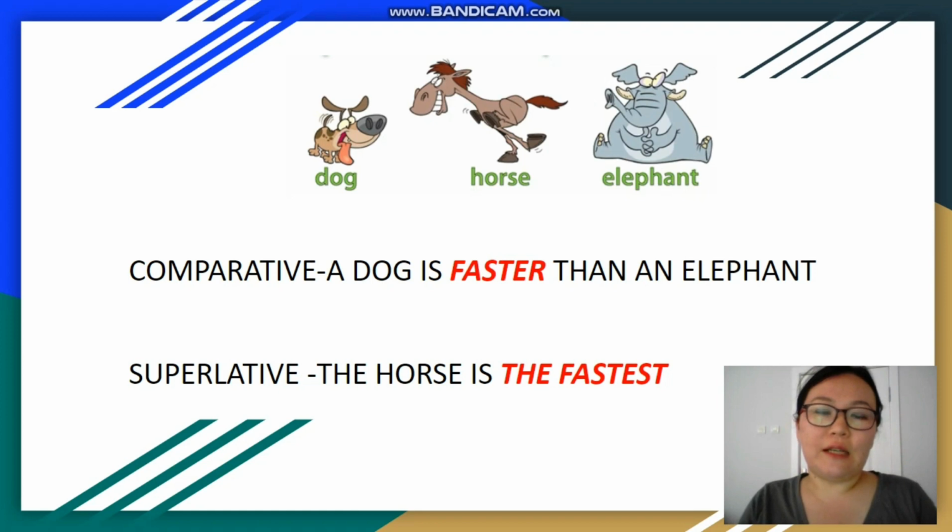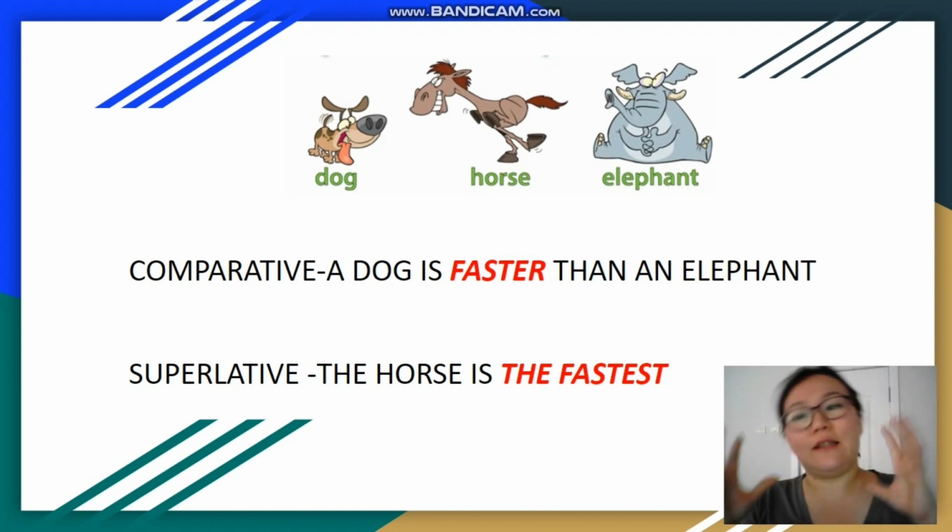Comparative: a dog is faster than an elephant. Faster is a comparative. A comparative compares two things, in this case, a dog and an elephant.